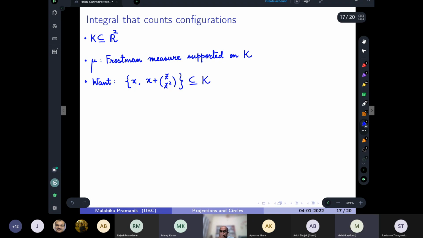We are going to prove this by looking at a certain integral, and the integral here is the integral of mu convolved with pi, evaluated at x, d mu(x). And I'll explain what these are. What is pi? Pi here is the Lebesgue measure on the parabola t squared.